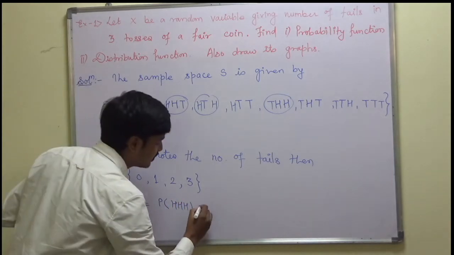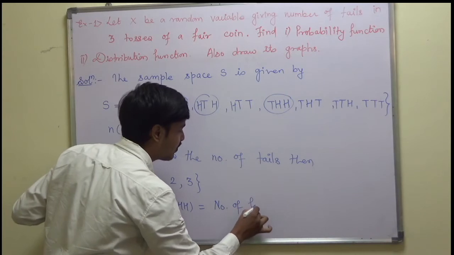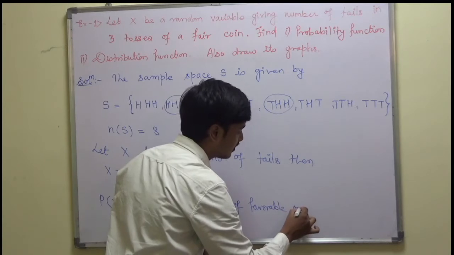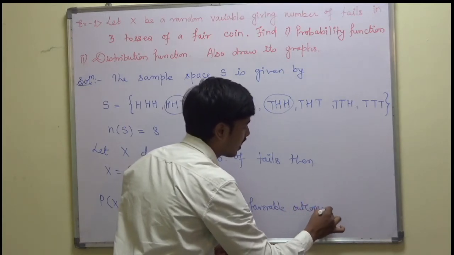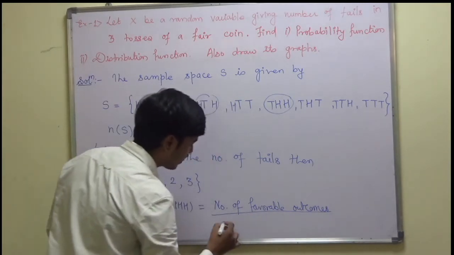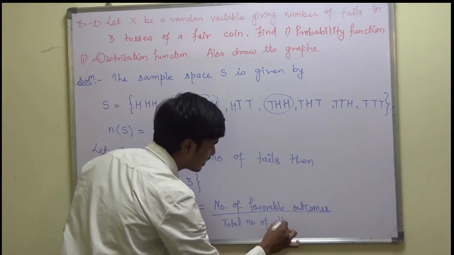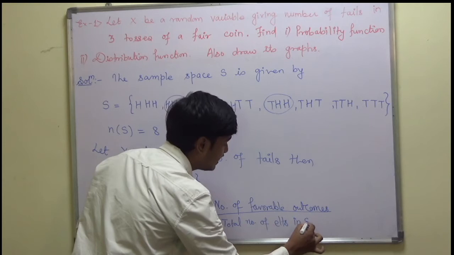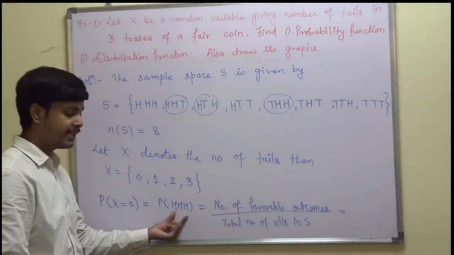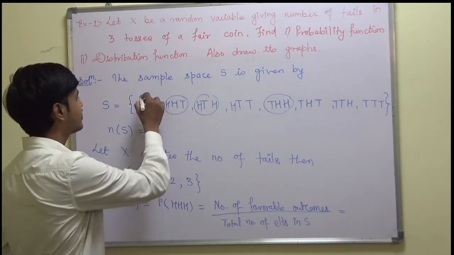So you can find it as number of favorable outcomes upon total number of elements in S. So what are the number of favorable outcomes for 0 tails? All heads. So how many outcomes? Only one outcome.